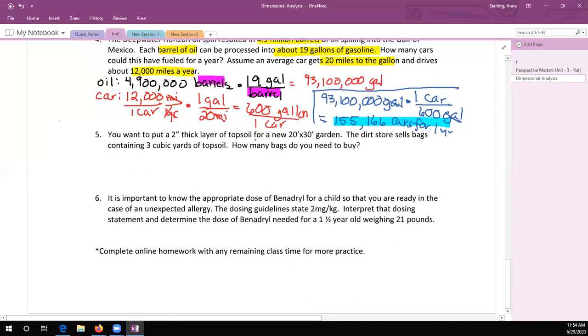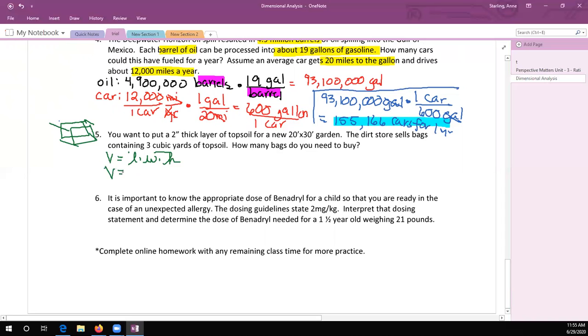So if I want to eventually fill this garden, which is 20 by 30, and then 2 inches tall, I'm looking at volume. And your other hint is this is cubic. Cubic is volume, squared is area. So the volume of this garden is length times width times height. It doesn't matter which one you call length, width, height.